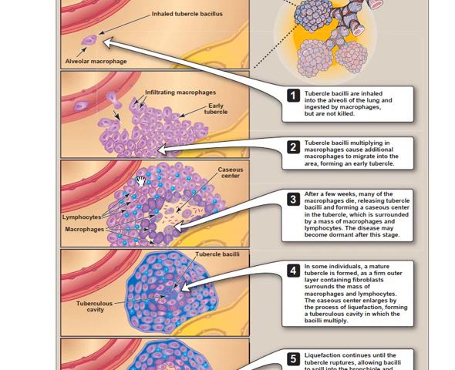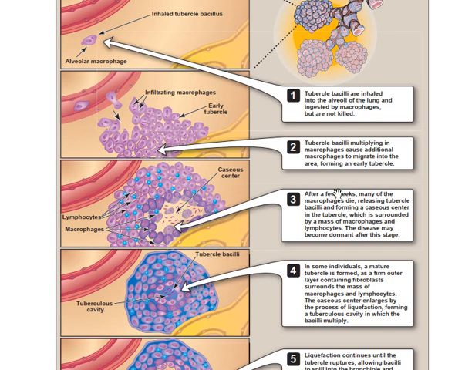Other macrophages are going to be killed at the center, so it produces a caseating center. A caseous center just means that the center is dead, made up of dead cells, so there are no nucleated cells at the center of this granuloma.